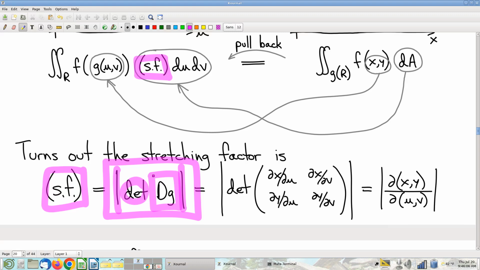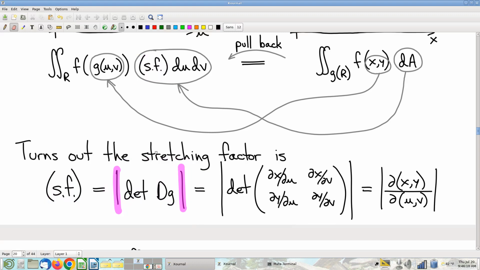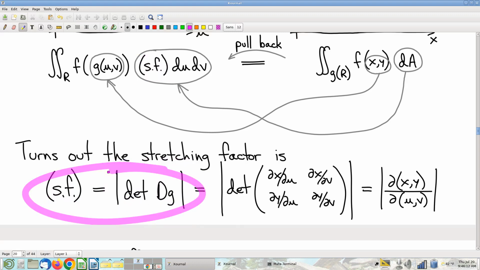This matrix has made several appearances in the past. But just as a reminder, this stretching factor, this formula, is a reference, again, to this derivative matrix that is, in fact, just this right here. It's the partials of the output variables with respect to the input variables arranged in a particular, nicely organized, natural kind of way. Right?